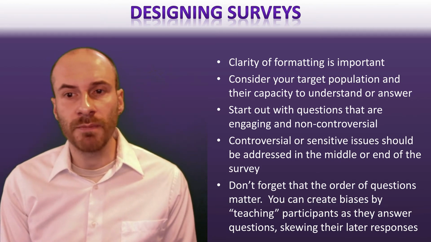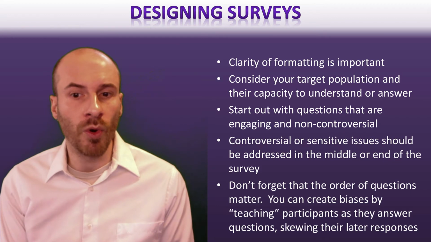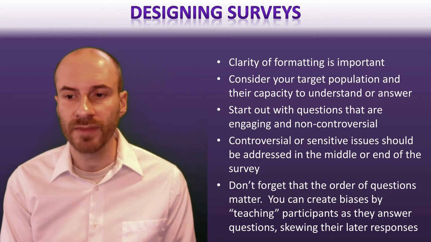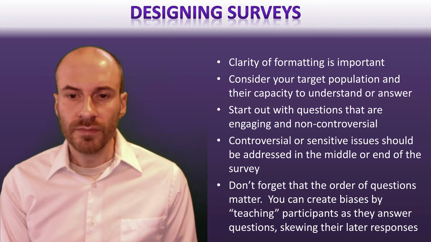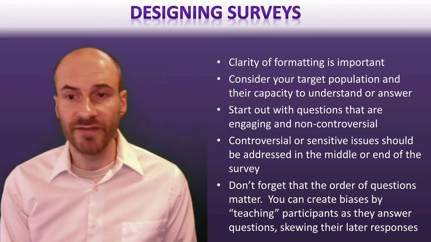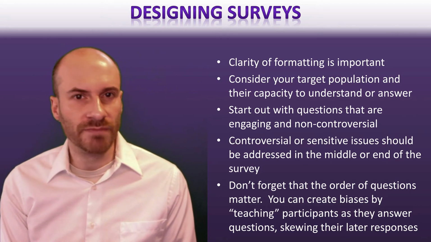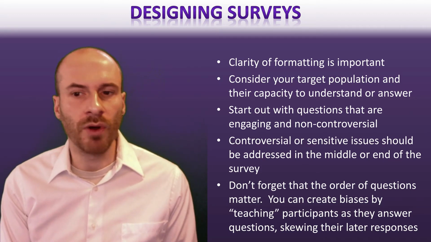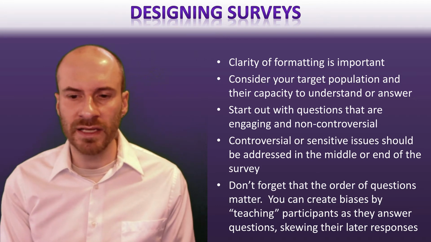So generally speaking, putting that a little bit further on when people are more in the rhythm will be beneficial for people responding. If you do have these controversial, sensitive issues, they're usually good towards the middle or the end of the survey, right? That's when people tend to be more comfortable answering things.